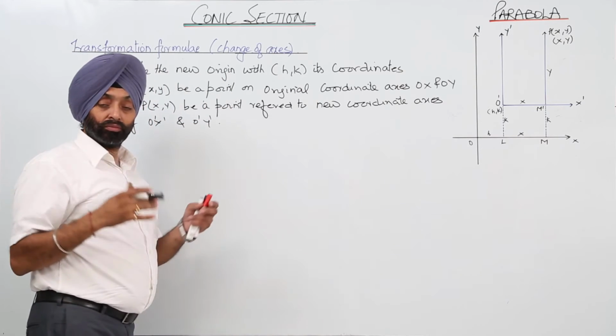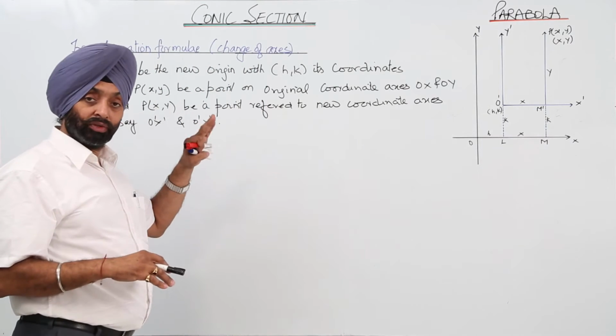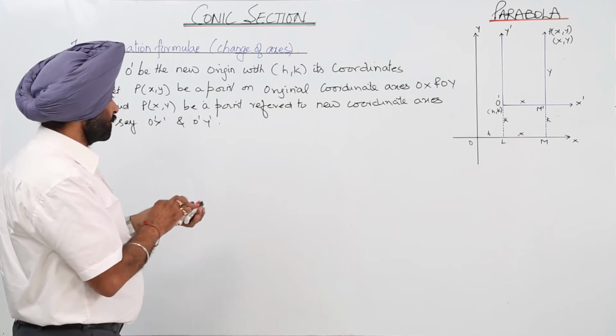Very simple: point P with small x, small y is with the original coordinate axes, and P with capital X and capital Y is with the new coordinate axes.